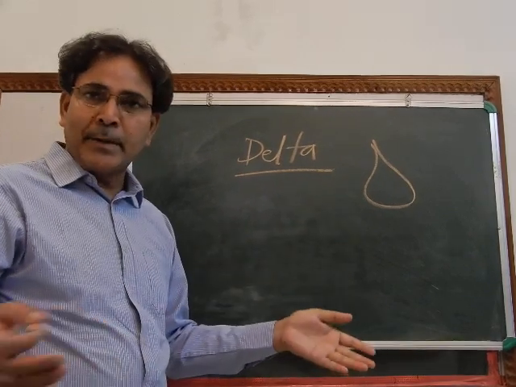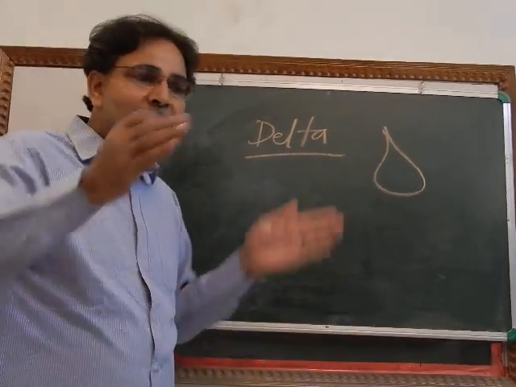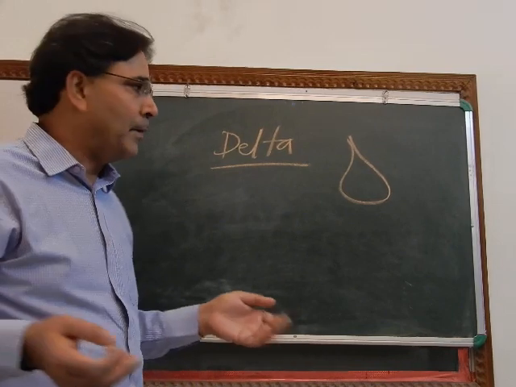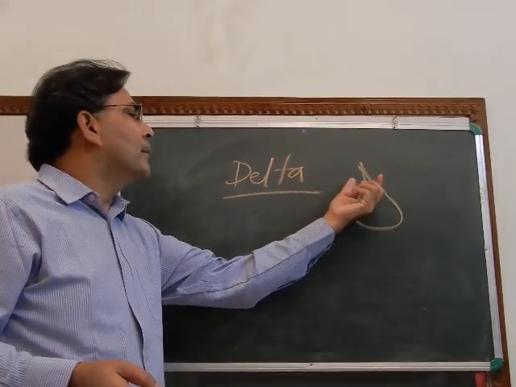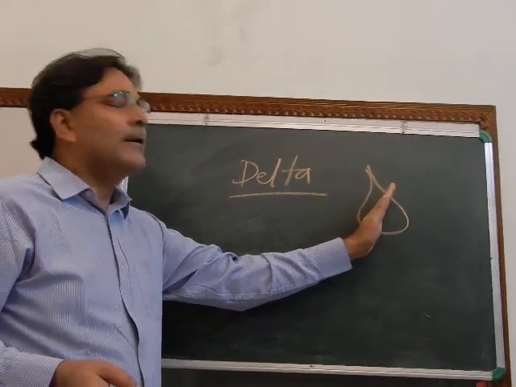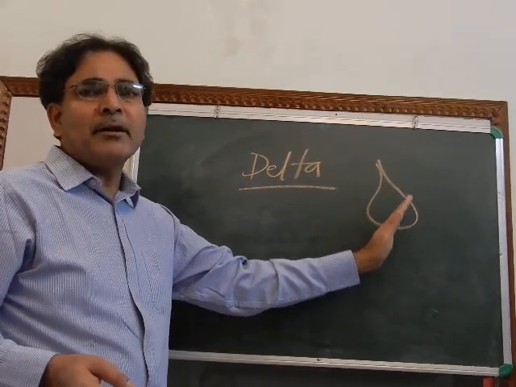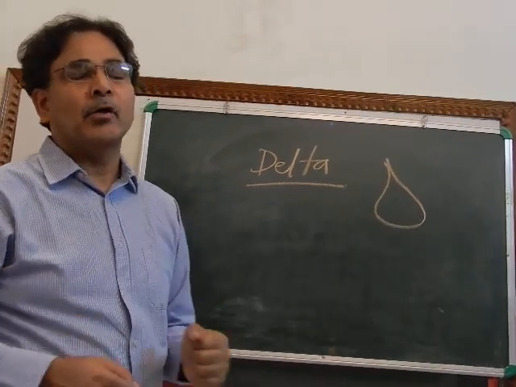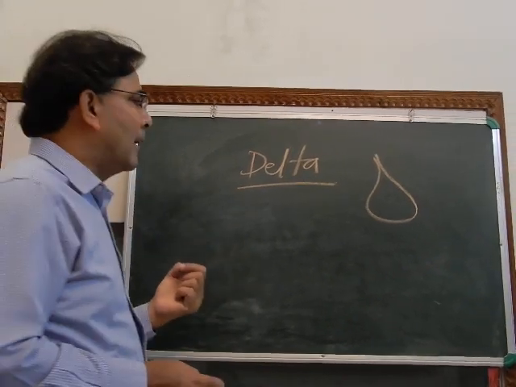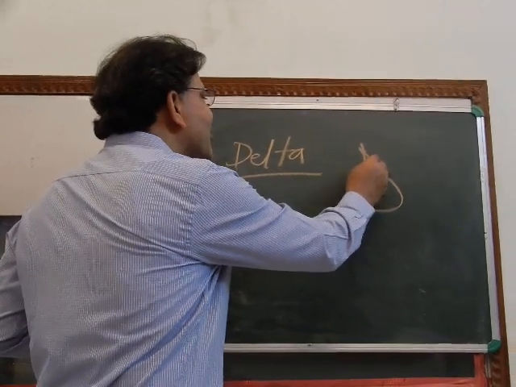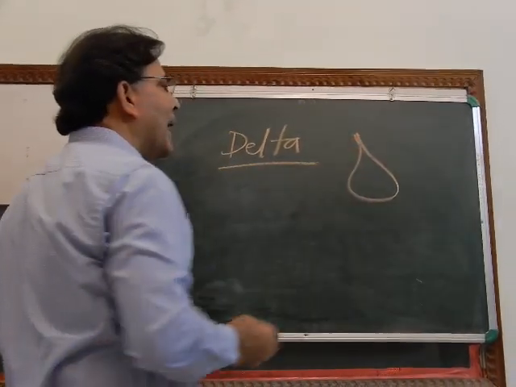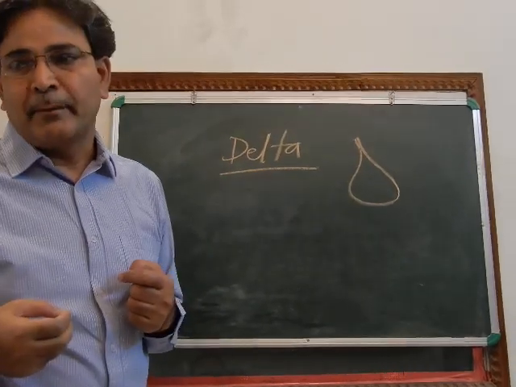Some of the sediments are deposited by the river within the channel in the form of channel bar deposits, and the rest of the sediments are deposited in the delta. The suspended sediments are deposited on the continental shelf and the continental slope. So the delta is very important, and it is formed at the mouth of a river.